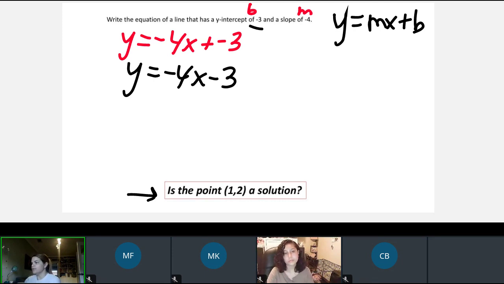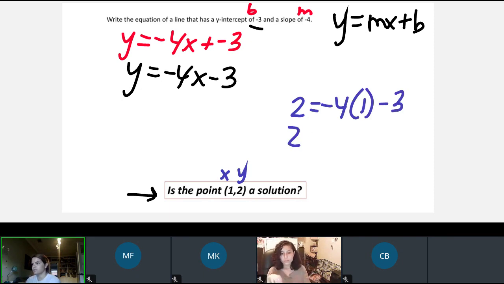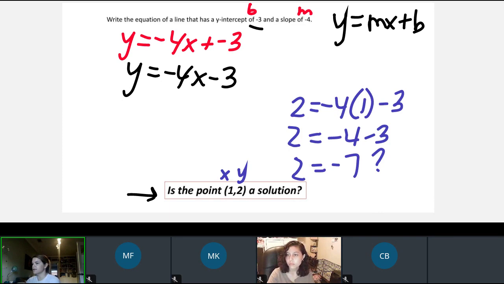Okay, so now is the point 1, 2 a solution? Here's my x, here's my y. So I'm going to come over here and say 2 equals -4 times 1 minus 3. Is that a true statement? 2 equals -7.